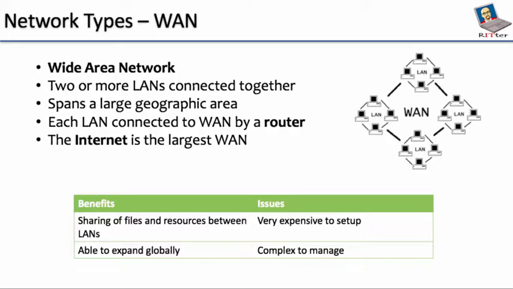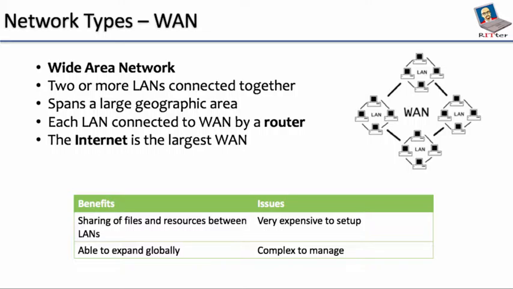Venturing beyond LANs, a wide area network, or a WAN, is when you want to connect two or more local area networks together. If you imagine a large corporation with offices in different cities, within each office they might have their own local area network.